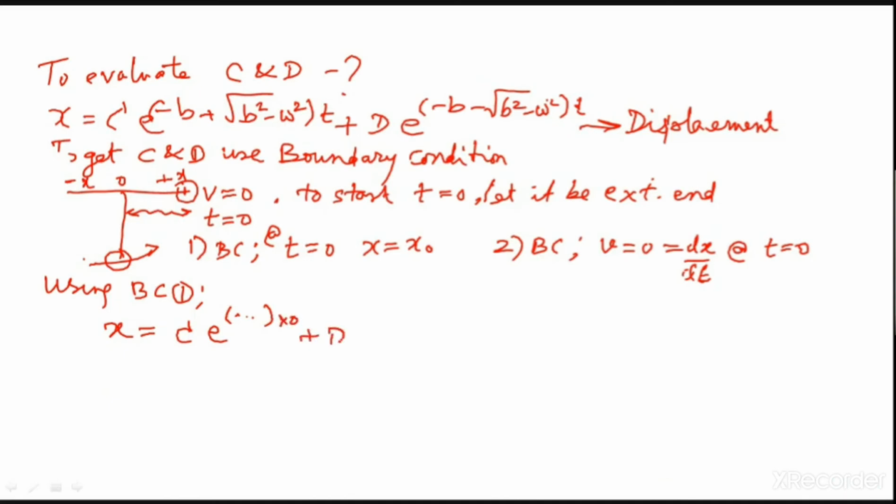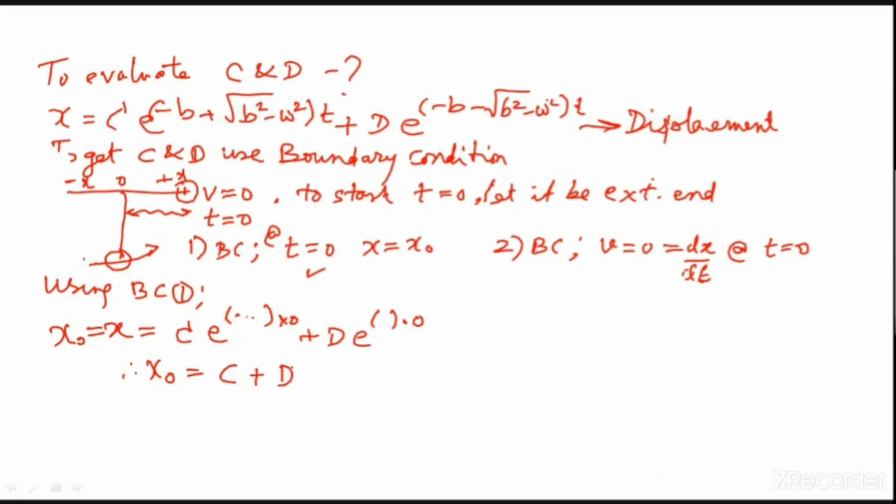Similarly, D is equal to exponent of, again bracket is there, outside the bracket T. I put T equal to 0 here. And what is this X? At T equal to 0, it is X naught. So I change it to X naught. Therefore, X naught is equal to C, and here it is D, and e to the power of 0 is 1.